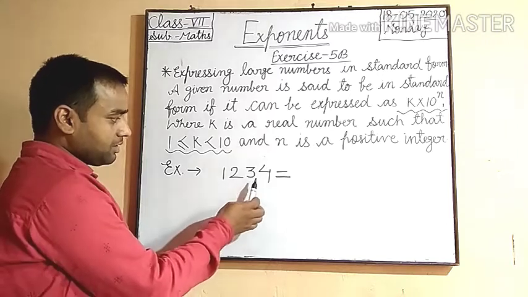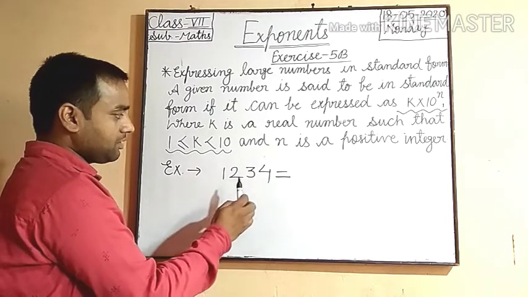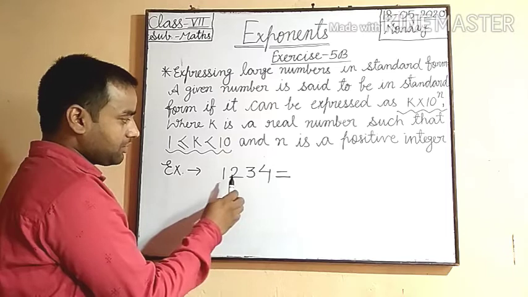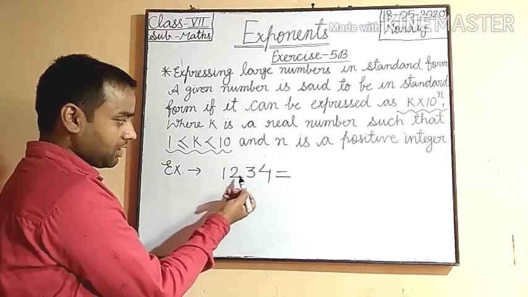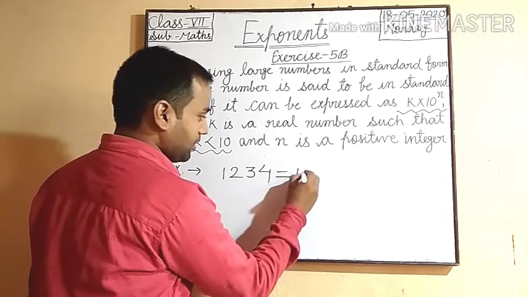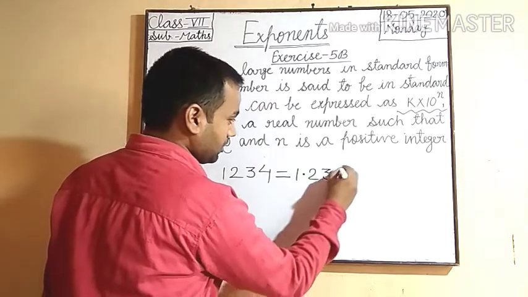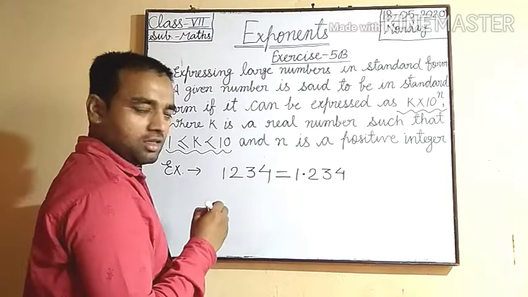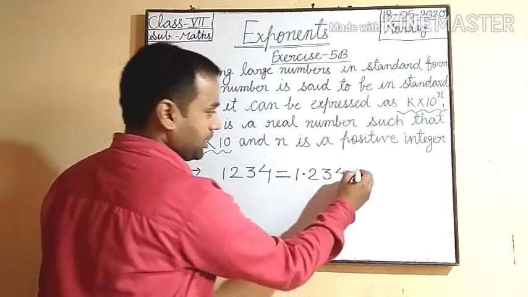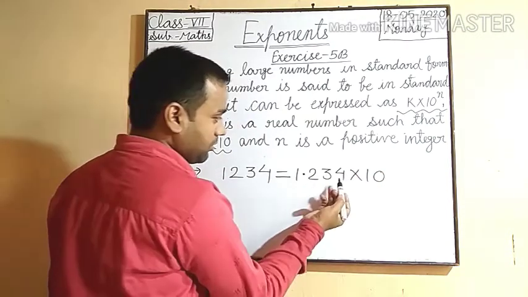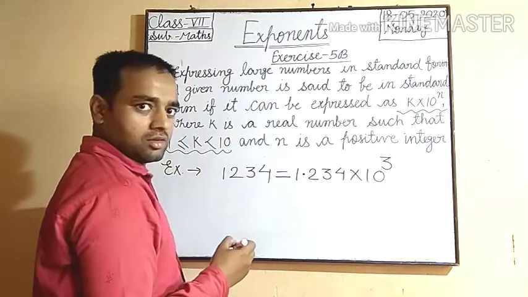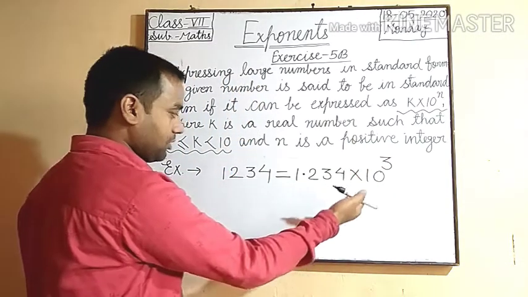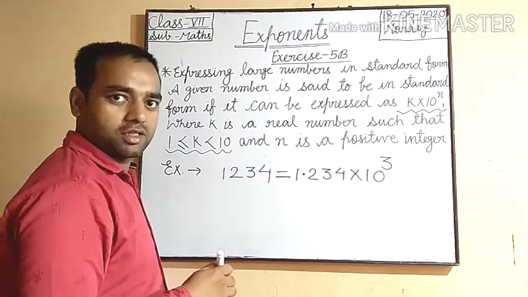So when this number is written between 1 and 10, we put the decimal here, after the hundreds place. So here write 1.234. And this extra work we denote as 10 power of 3. Again if we dissolve this number, we get 1234.